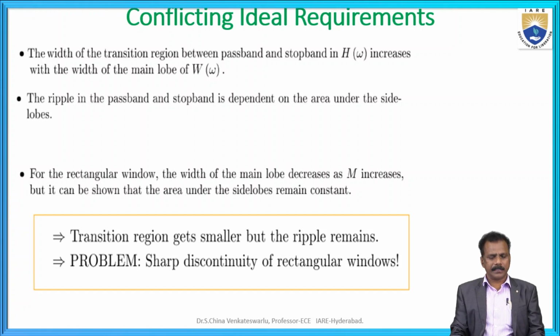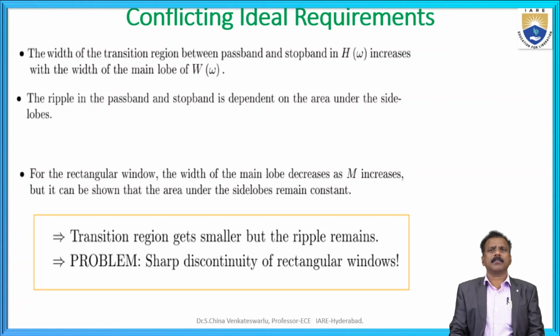Using this analysis, there is a problem with the ideal requirement. The transition region width increases with the main lobe width of W of omega, and the ripple depends on the area under the side lobes.